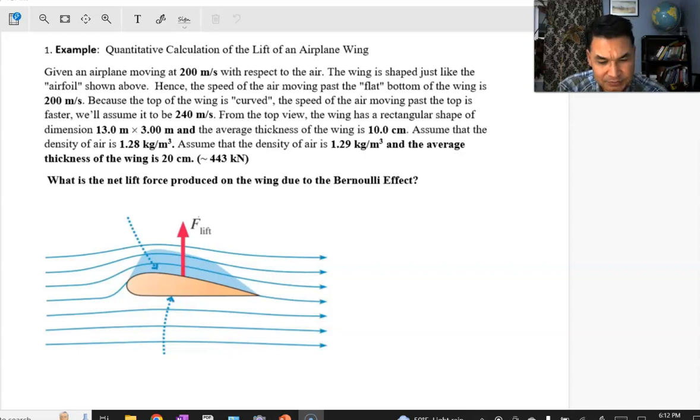The airplane wing gets most of its lift by creating a pressure difference on the top and bottom of the wing, as shown in this diagram.